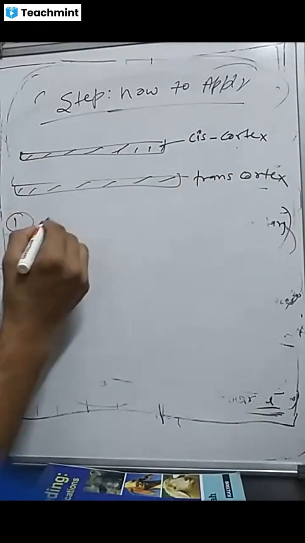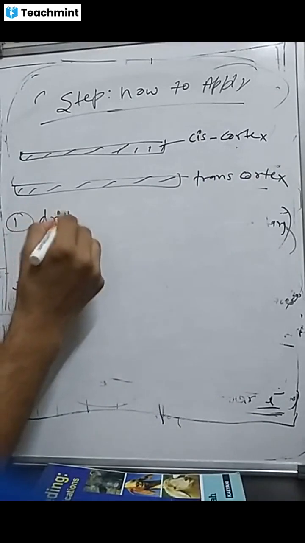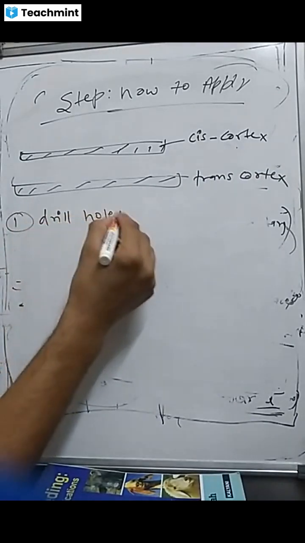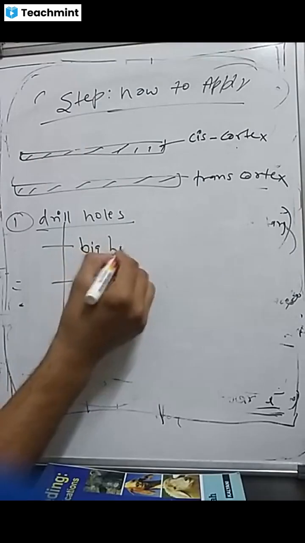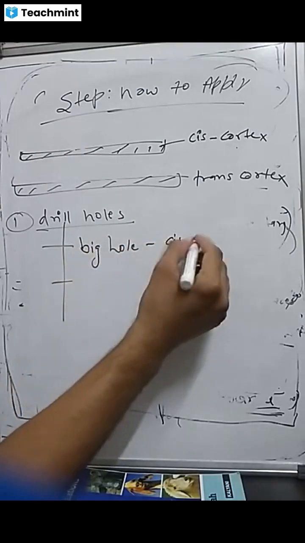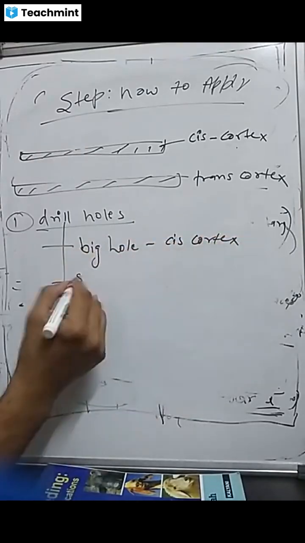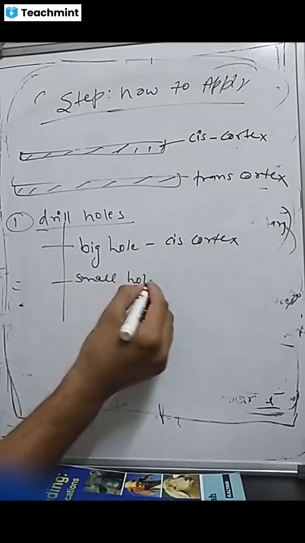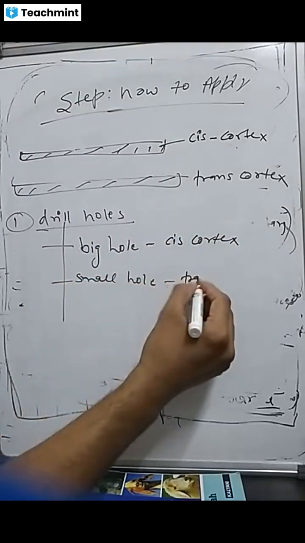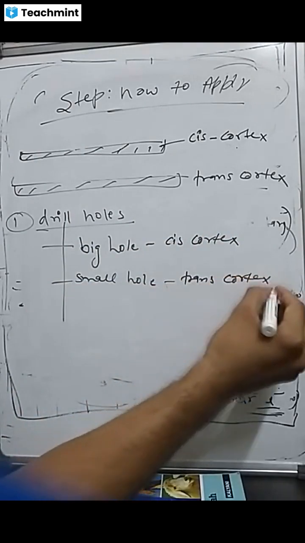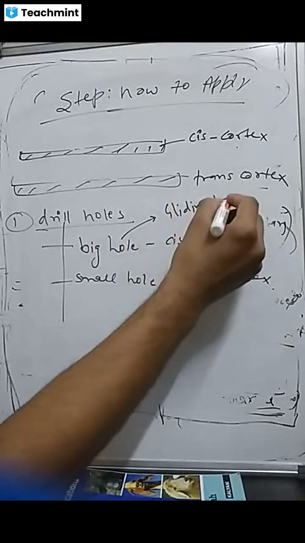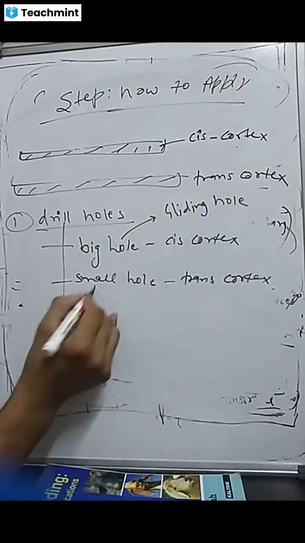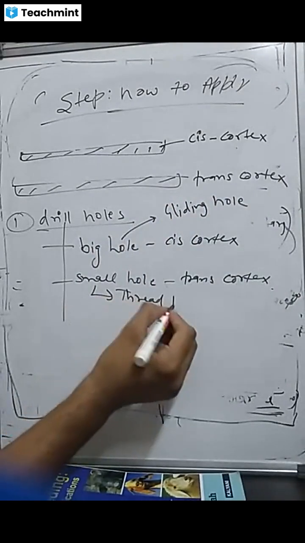We drill two types of holes in the two cortices. A big hole is drilled in the cis cortex, known as the glide hole, and a small hole is drilled in the trans cortex, known as the thread hole.